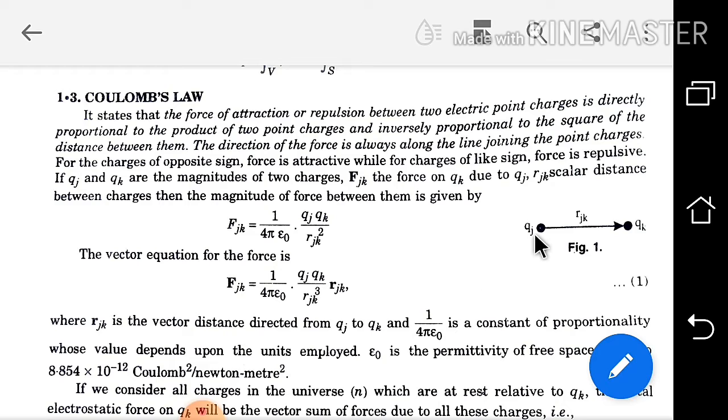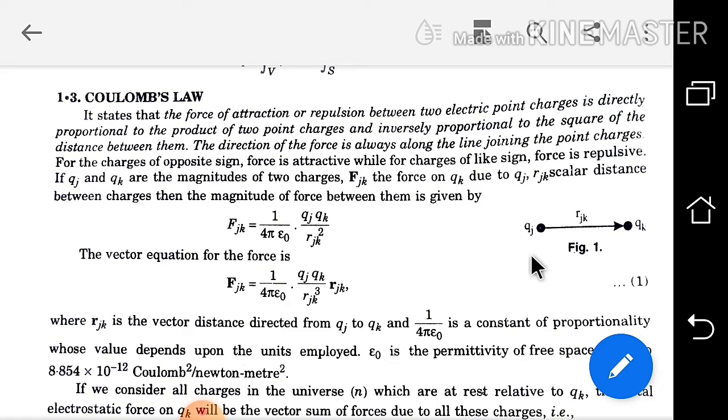Now in the figure, if you consider Qj and Qk are two charges and the distance between these two charges is Rjk, then if these two charges are like charges, meaning positive and positive, there is a repulsion between these two charges.